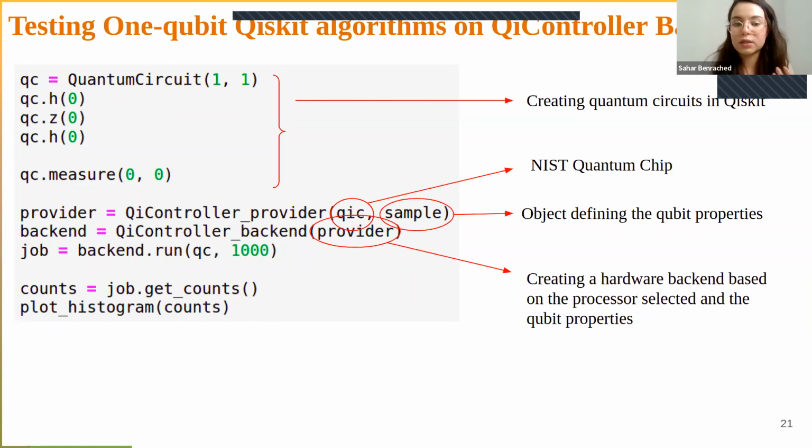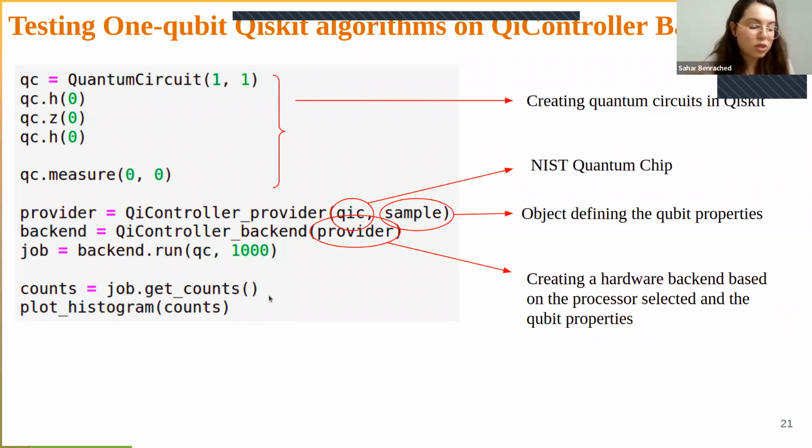And once we have the execution, then of course we can retrieve the results. If you have used Qiskit before, this is more or less the same logic, which is choosing the backend and then running your quantum circuit for a certain number of shots. In this example, I'm just running 1,000 shots. And then I would get my results in terms of counts.